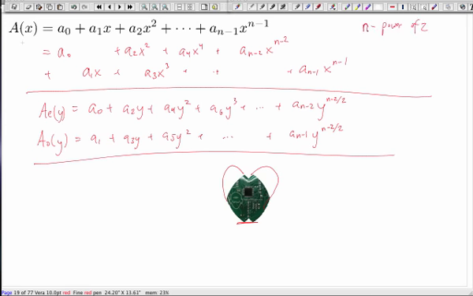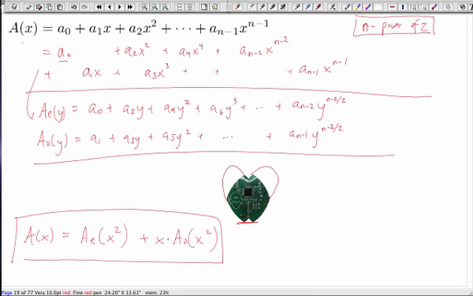There are ways to get around that, but in this situation, for the simplest description, n is going to be a power of 2. So n minus 2 will be even, and n minus 1 will be odd. So I've written the even terms on the top. I then made a polynomial which reflects all of those even terms. And now this is the trick. All of a sudden, take a look at A of x. I can write A of x as A even of x squared plus x times A odd of x squared. That's the heart. First step.